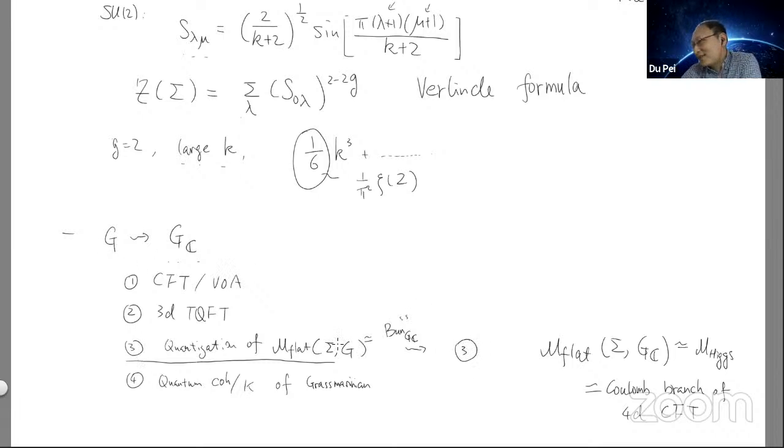So the third interpretation can be easily complexified.